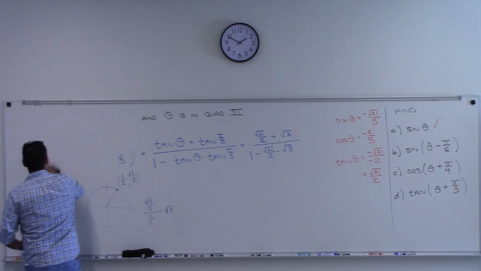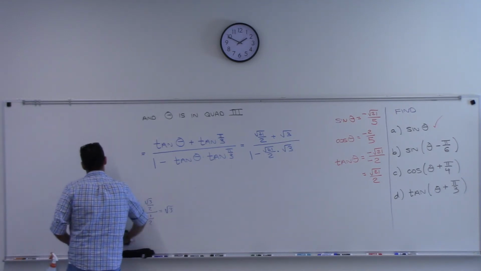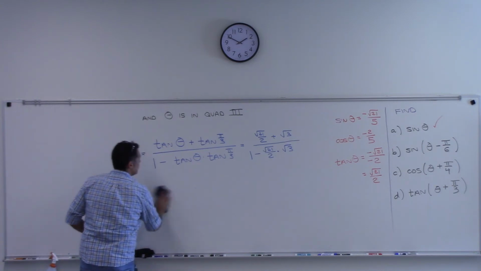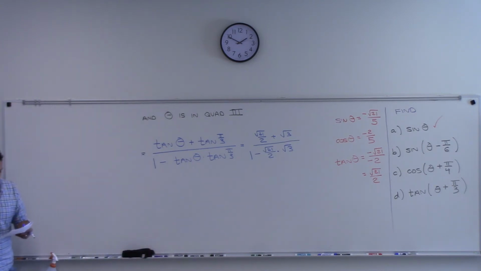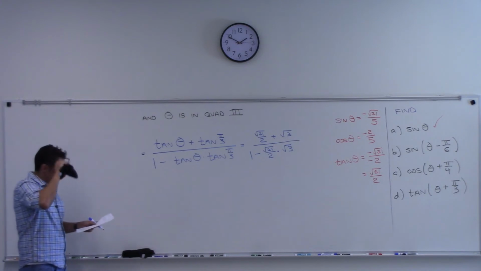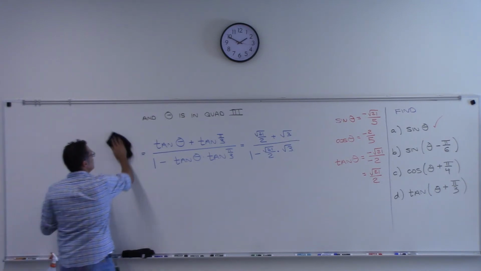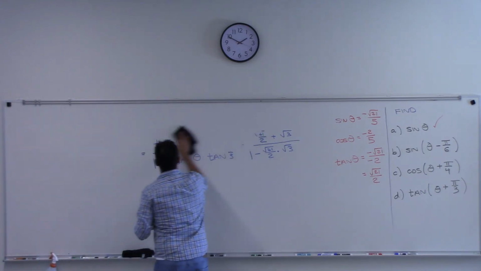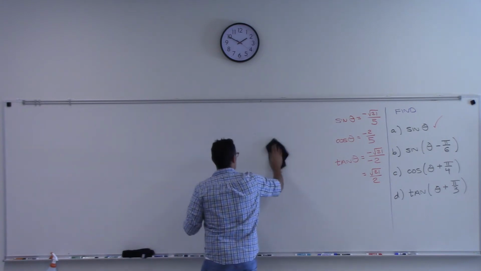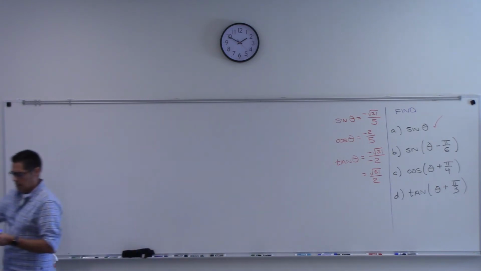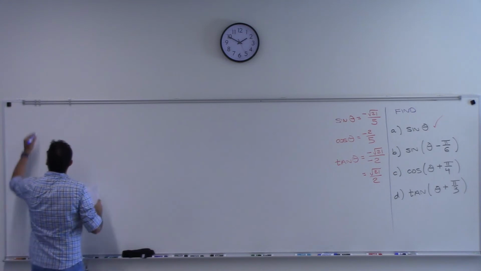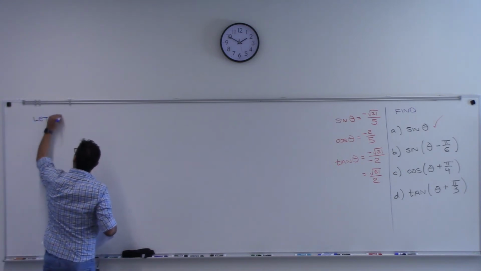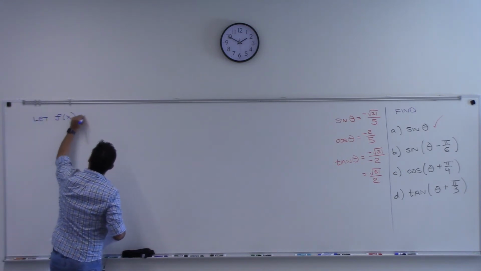All right, more problems for us here. This one's going to be a little different, all right? Especially the way it's worded. Let f of x be cosine of x.